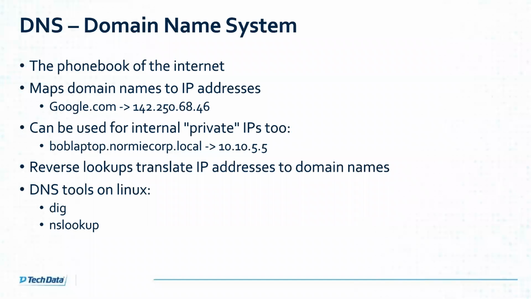We gave an example of Bob's laptop at organization.local. You could have a more random string that is associated to, this is a Windows laptop running version 10 and it's part of our domain of X organization.local, and so on and so forth.